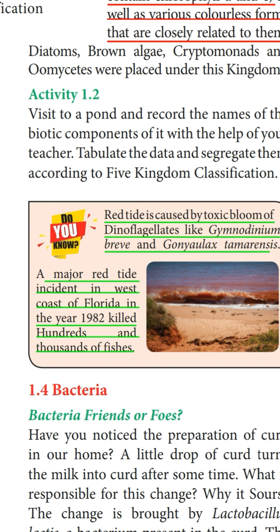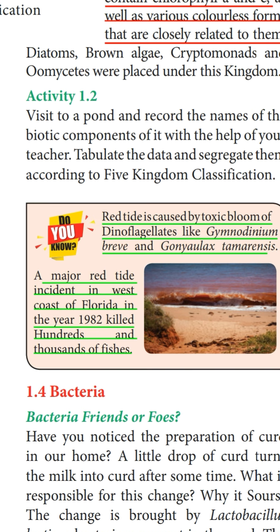Toxic bloom means the algae produce a toxic substance. One major incident happened on the west coast of Florida in the year 1982, and it killed hundreds of thousands of fishes. Because of this toxic substance the tide gets a red color, and as a result it is called a red tide, caused by the algae Gymnodinium breve and Gonyaulax tamarensis.